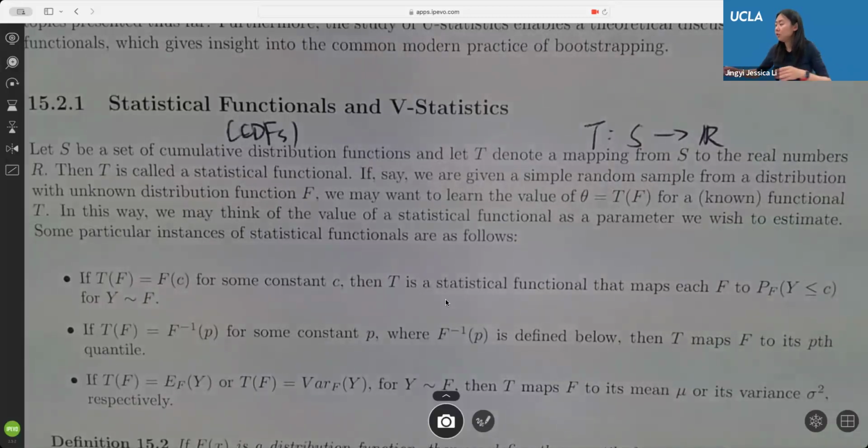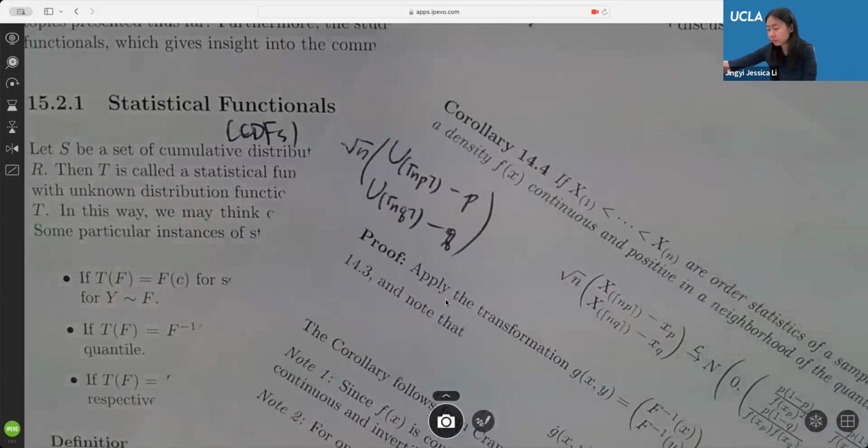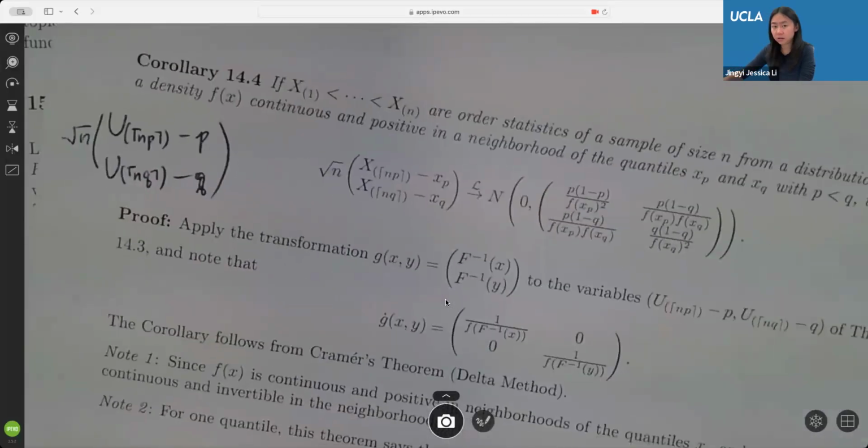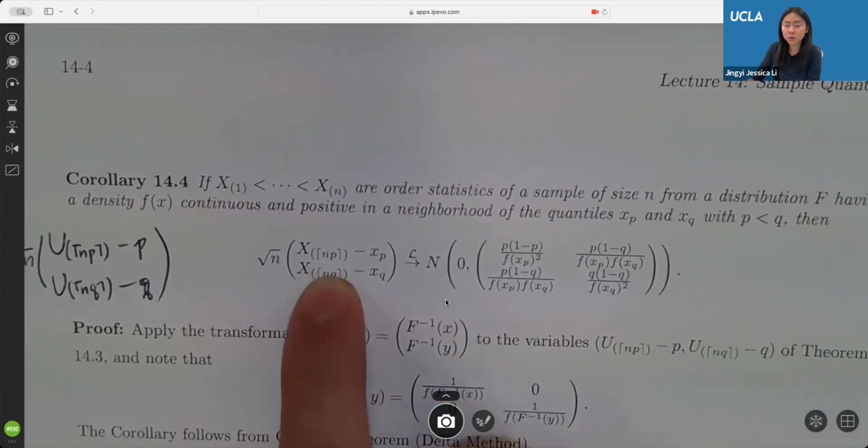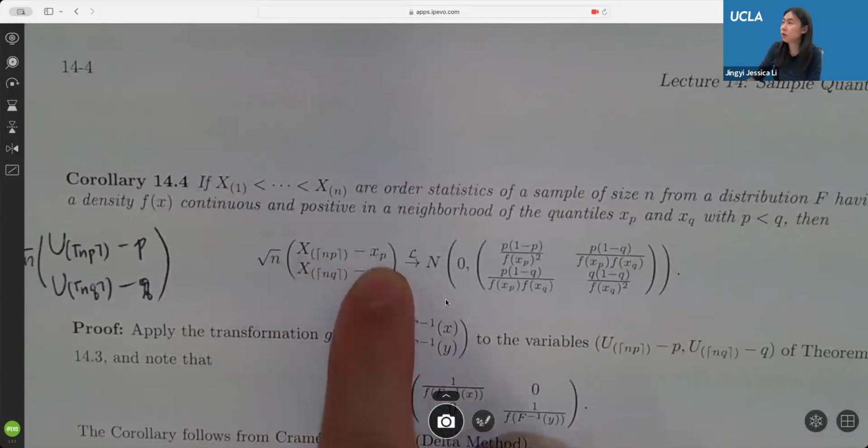In particular, to have the asymptotics of sample quantiles, this is the fundamental result. Let me find this one. Here, this is the thing. So if you look at this one, basically, this is the pth order statistic, the sample quantile. This is the population quantile, right?